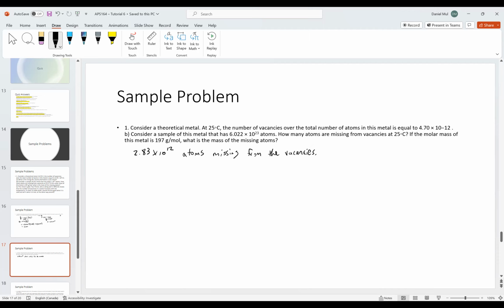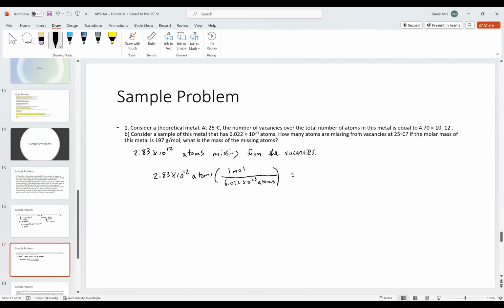And then we basically take this number, 2.83 atoms, 1 mole over atoms. This is the Avogadro's number.